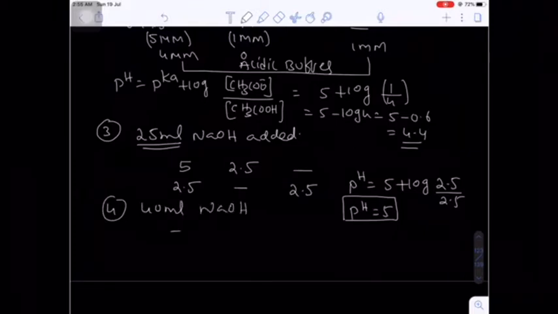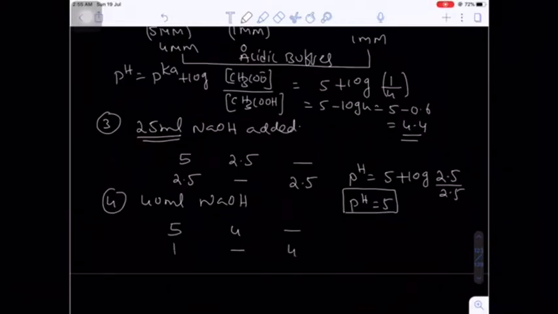Okay, now next we are adding 40 ml NaOH. How many ml of NaOH? 40 ml NaOH. So here 5 millimoles of acetic acid, 4 millimoles of NaOH. So NaOH consumes, out of the 5 millimoles, 4 millimoles will react with NaOH. So 1 millimole of acetic acid is left and 4 millimoles of salt will be formed.